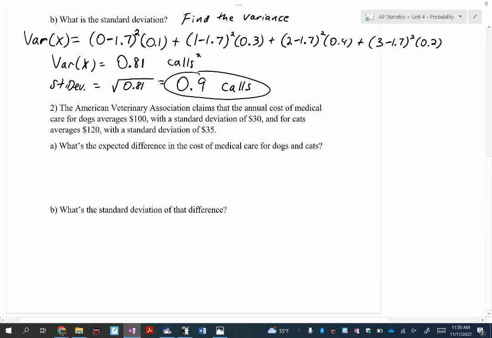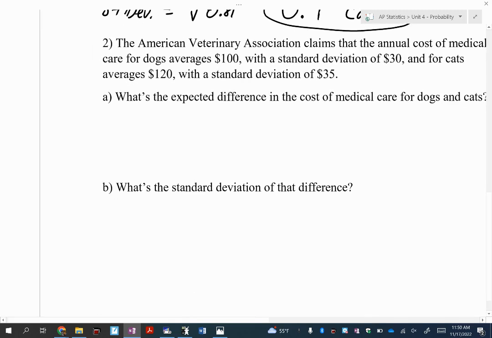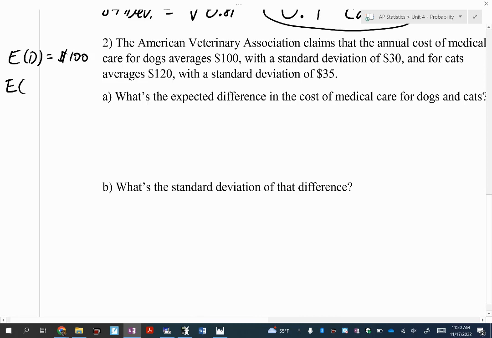We've got the American Vet Association claims that the annual cost of medical care for dogs averages $100. So for these random variables, I'm going to use D, and then I'll use C for cats. All right? So the expected value for D is $100. What is the expected value for the cat's cost? 120, nice.